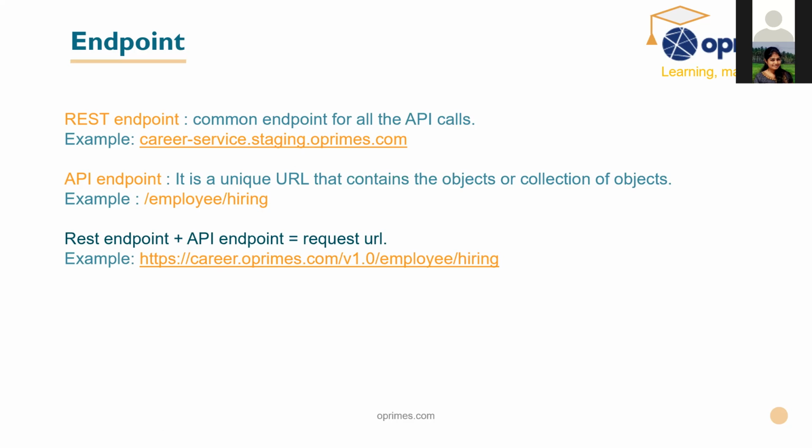So development environment, testing environment, and the production environment. In the dev environment, this URL will be careerservice.dev.oprimes.com. In staging, it is like this. In production, it is directly careerservice.oprimes.com, without staging. It is the naming convention, and it is representing a different IP address. And it is the server where the service is hosted.